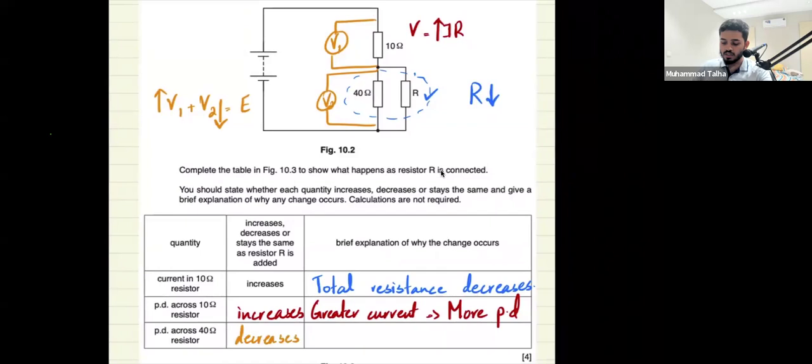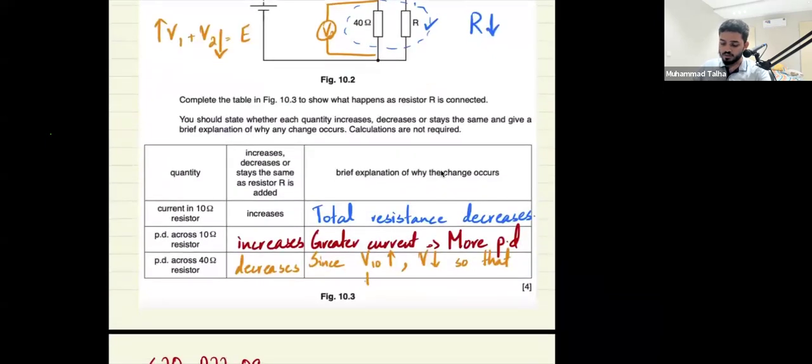And the reason is that since the voltage across the 10 goes up, voltage here must go down so that the total remains the same, because the total is the EMF.